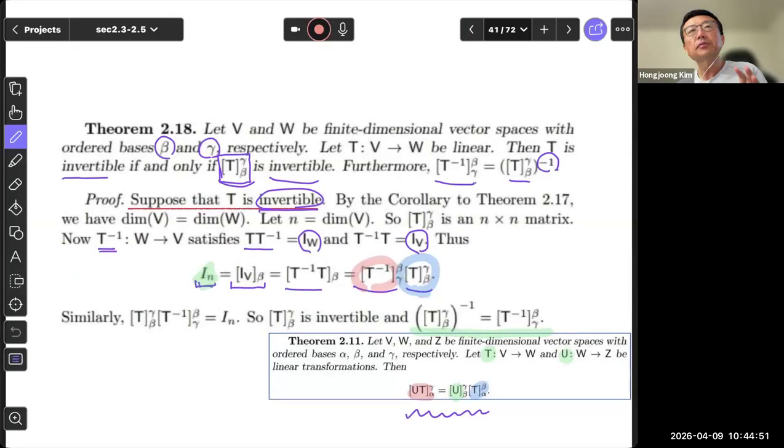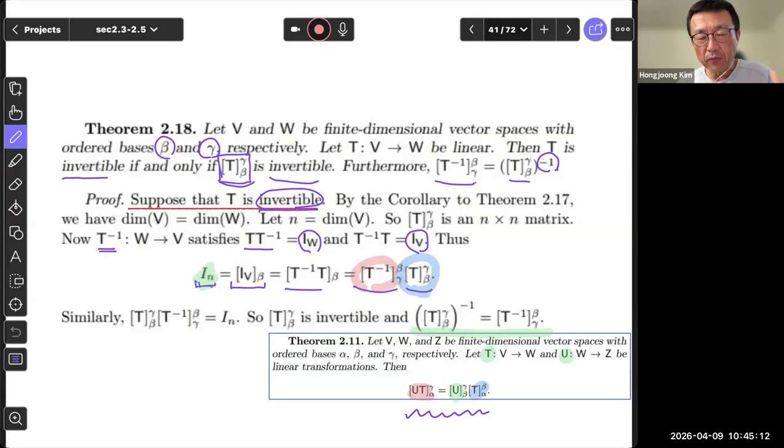Okay? So this is important. If T is invertible, then the matrix representing T will also be invertible.